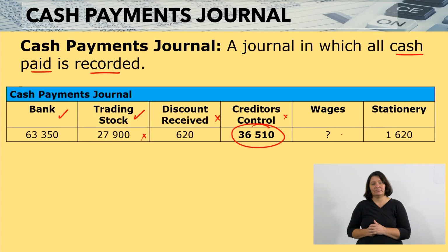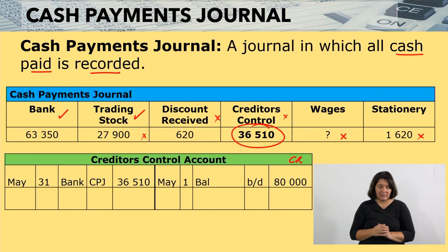We have paid wages, as you see, and we have also paid for stationery over there. We want to see now, how does this cash payments journal affect our creditors' control account? Remember, creditors, these are businesses or individuals whom we owe. So we owe them money. We must pay them money. When we are in the cash payments journal, we want to see how it affects our creditors.